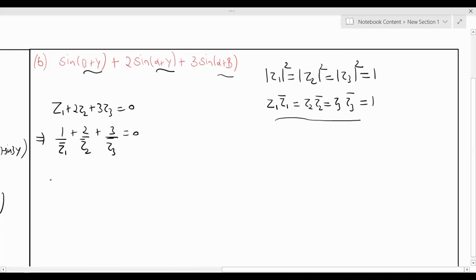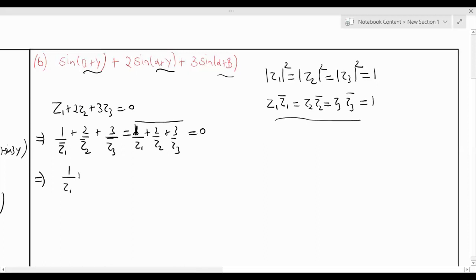All these three terms have the conjugate, so you should not be surprised if I write them as 1 by Z1 plus 2 by Z2 plus 3 by Z3, whole conjugate, equals 0. This is the basic conjugate property I have used in previous problems also. Now, if a conjugate of a complex number is 0, the original complex number also should be 0.